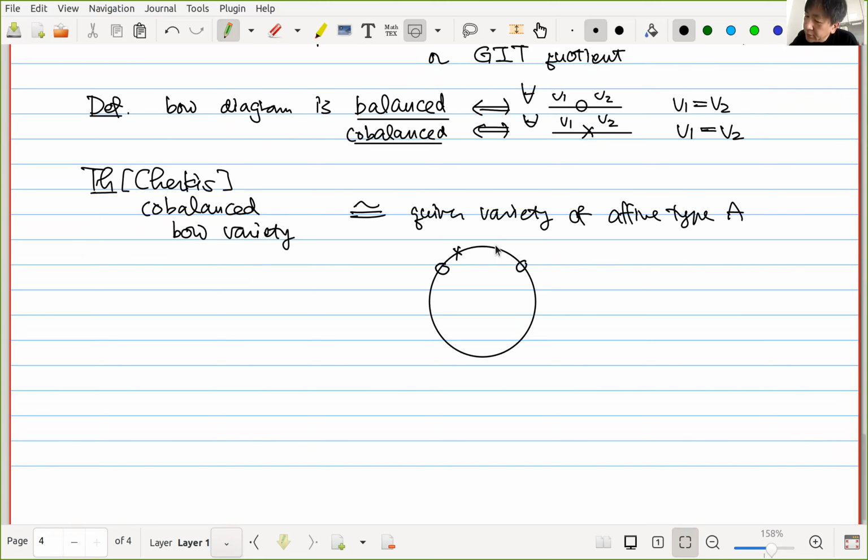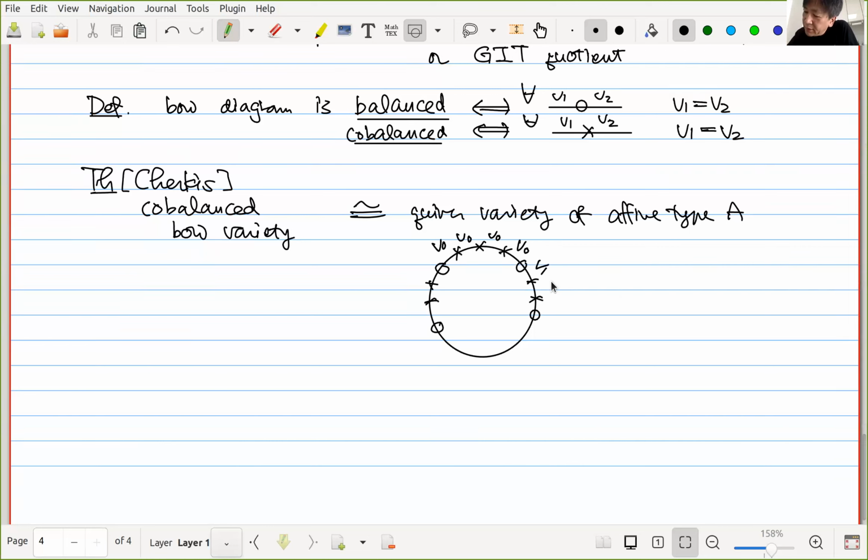So, okay, we have this kind of situation. Balanced means that the dimensions for neighboring crosses are the same. So I have V0, V0. So these are all the same dimensions. But if you cross a circle, the dimension can be different.